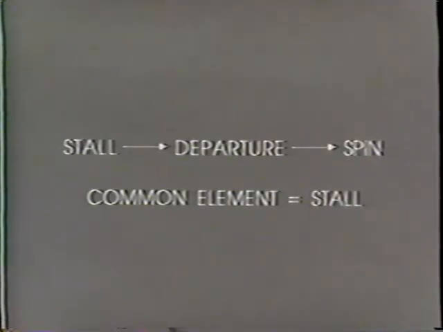Stall occurs at a specific angle of attack without regard to airspeed, altitude, attitude, or aircraft weight. The pilot has sufficient elevator authority at all points within the A-37 flight envelope to cause the aircraft to stall.